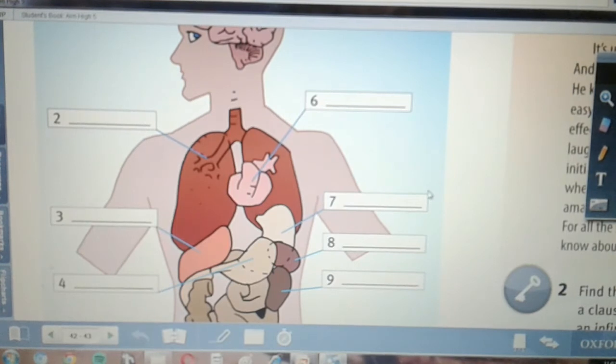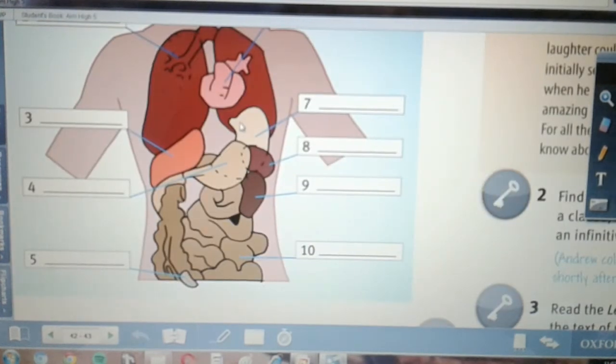What is it? It is placed on your chest and it sends blood around your body. It is called heart. Okay, nice. What about number 7? This is a very small organ.